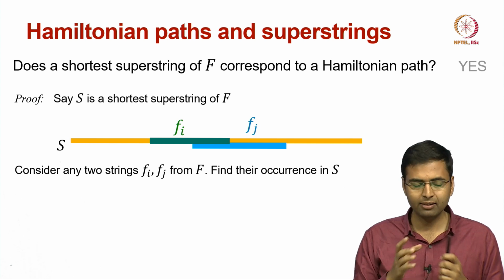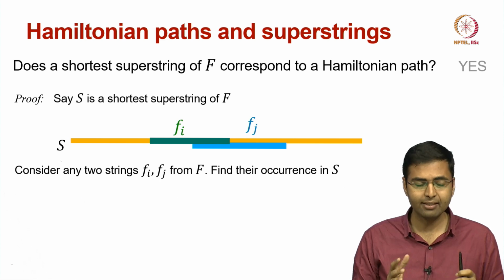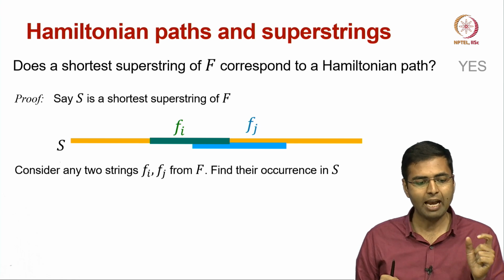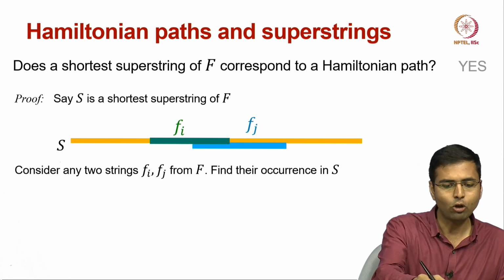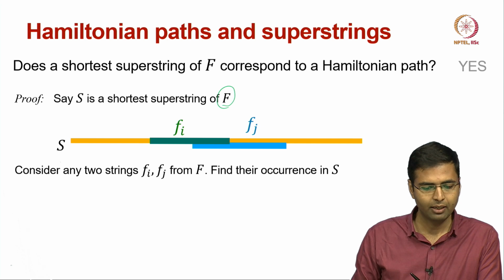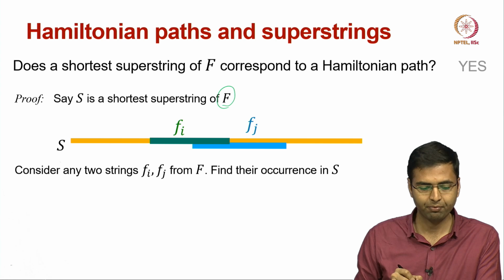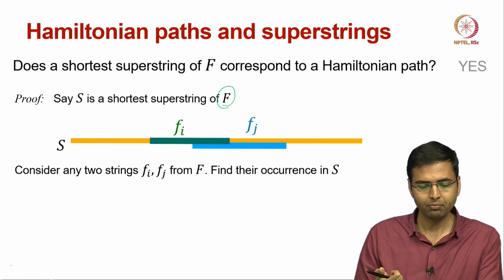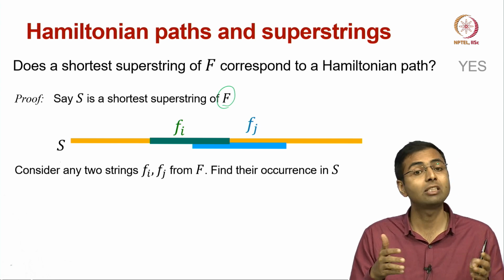So the question is, does a shortest superstring of F correspond to a Hamiltonian path? The answer is yes, and here is the proof. Let us say that capital S is a shortest superstring of F. So I am considering a shortest superstring of set F. Next, let us consider any 2 strings Fi, Fj from F, and let us find their occurrences in S. Because S is a superstring, it must have Fi and Fj as substrings.